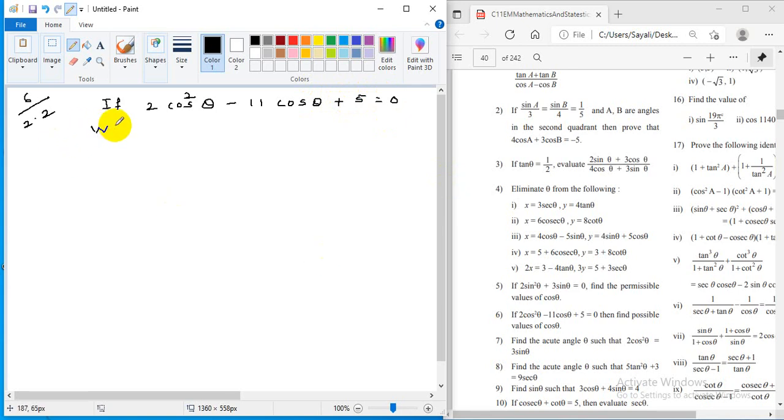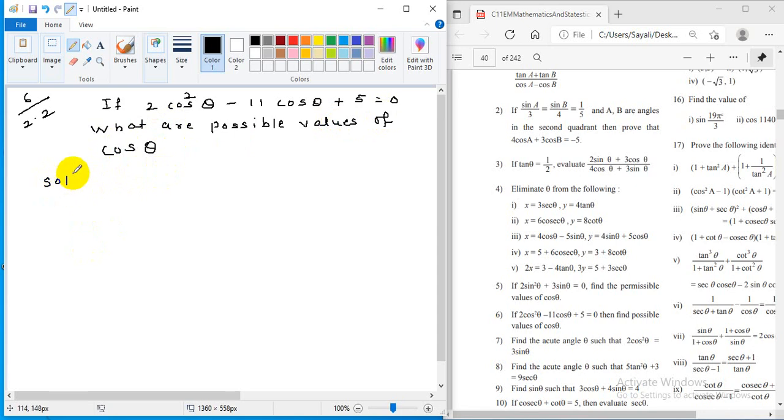What are possible values? Possible values of cos theta. This is the question. Okay, so the equation is directly in terms of cos, so we do not have to change that. For simplicity, what we can say?